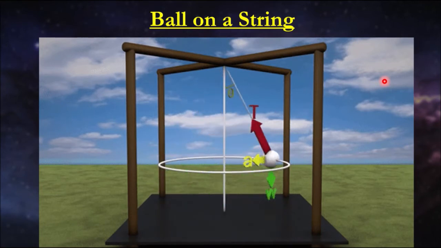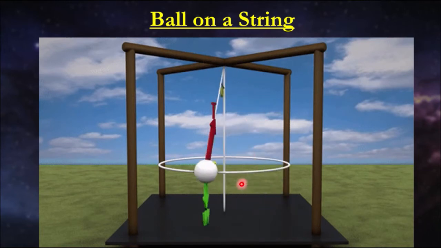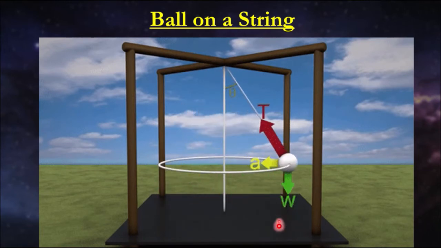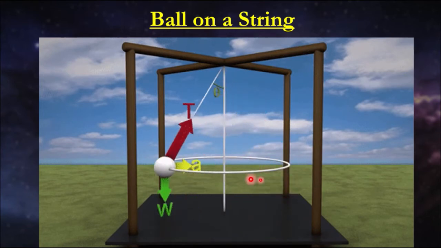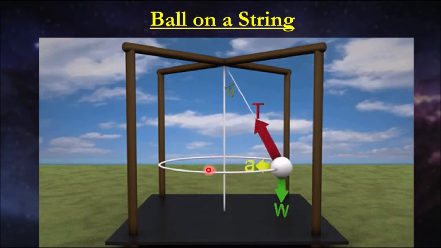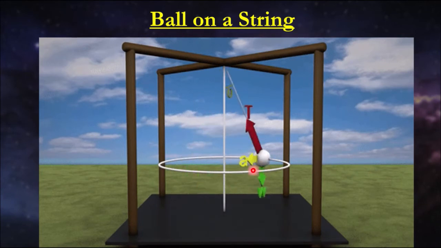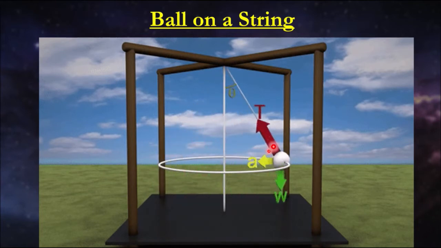You can see that we have the tension force pulling up to the center point here. We have the gravitational weight force pulling down. And the reason it's in circular motion is because it has centripetal acceleration. We said from our previous lesson, the centripetal acceleration is contributed by the horizontal component of our tension force.